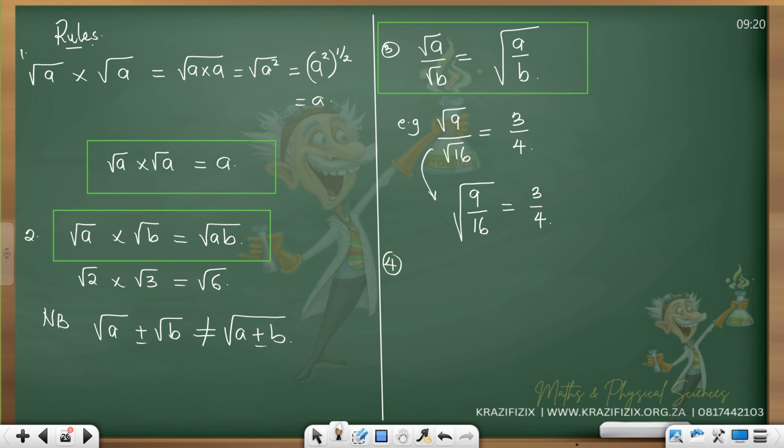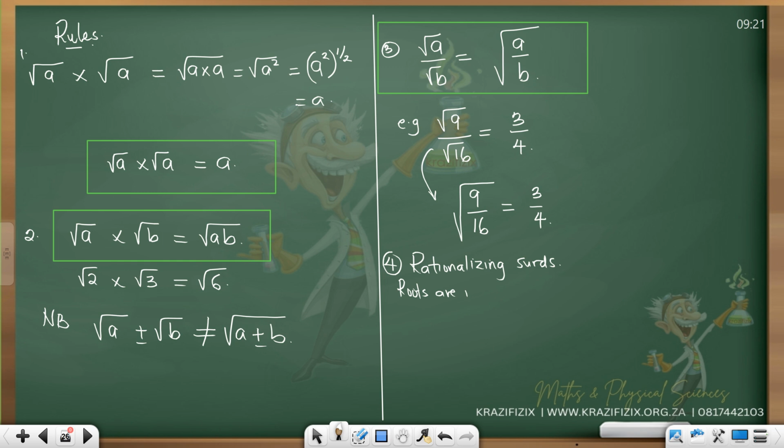Number 4, rationalizing roots. Now, when we say rationalizing, your calculator will never allow you to have a root as a denominator.